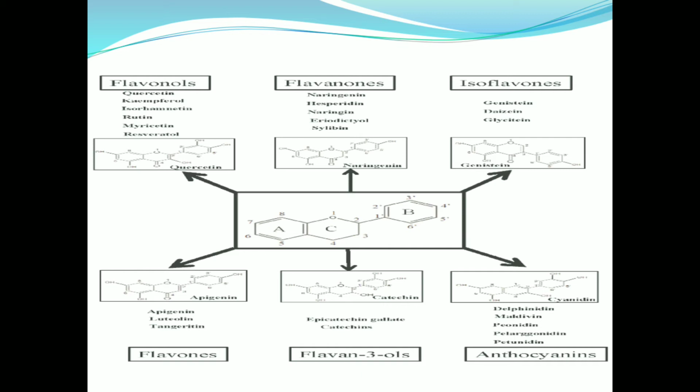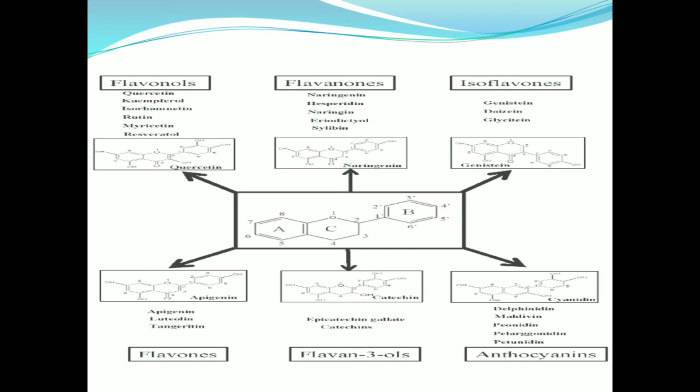Quercetin is taken as an example of flavonols. Naringin is taken as an example of flavonones.